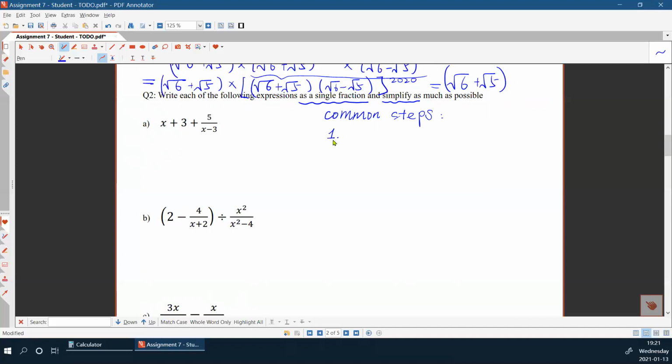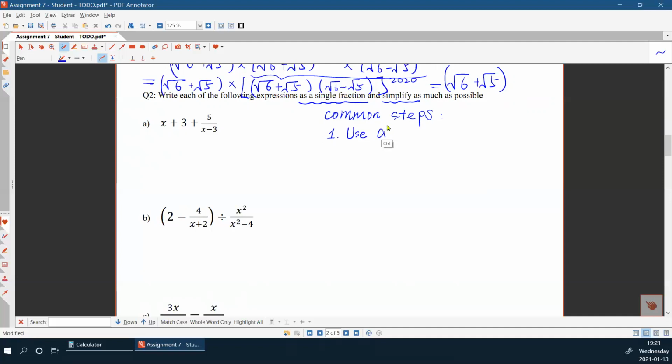Before you start to calculate each expression, do remember that you can use the associative law, commutative law, and distributive law flexibly. I'll write it here.